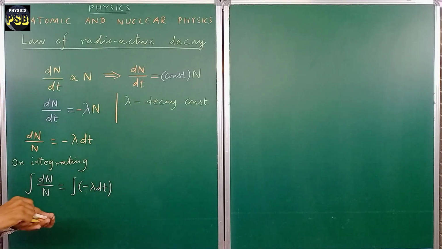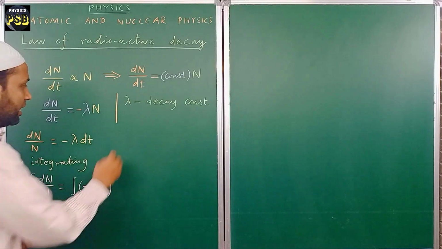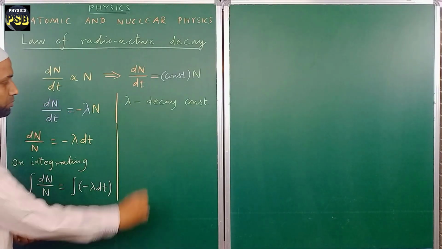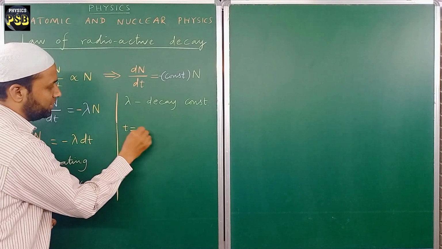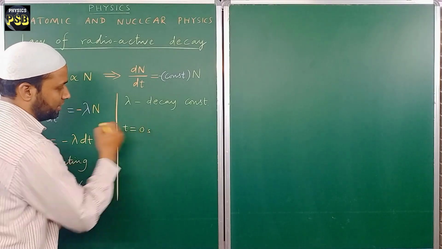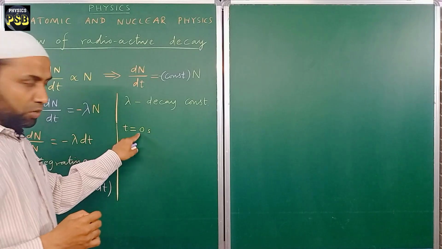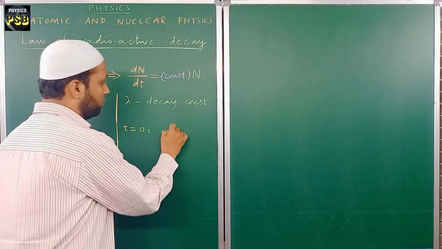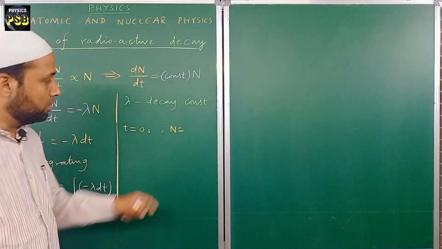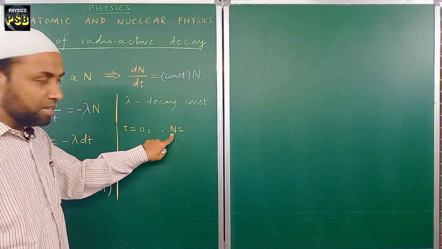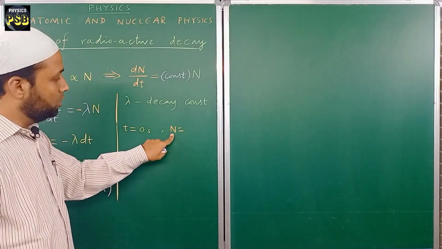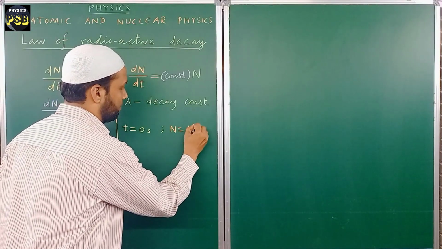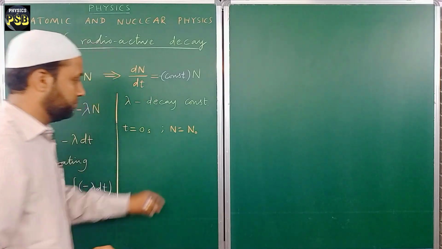Here, if I consider that initially t is taken as 0 seconds, when time is 0, that is initially, the number of nuclei of those atoms is taken as N naught.